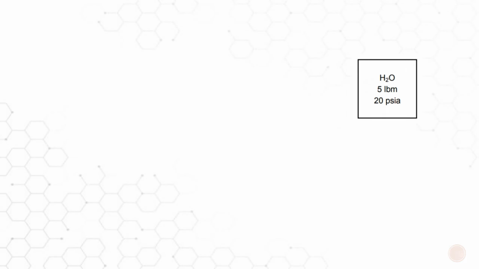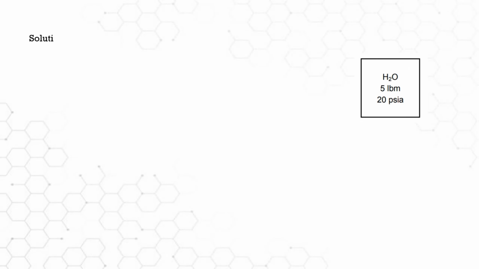So before we proceed, we are going to solve for our specific volume, which is the total volume over mass. Plug in the values, we have 5 cubic feet over 5-pound mass equals 1.0 cubic feet per pound mass.